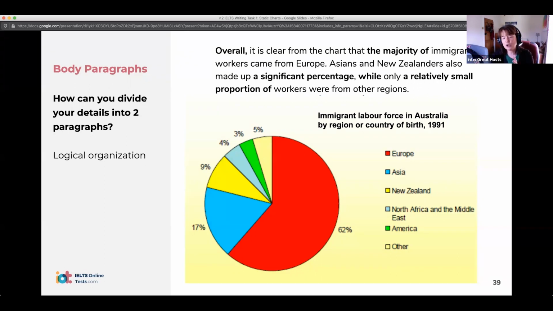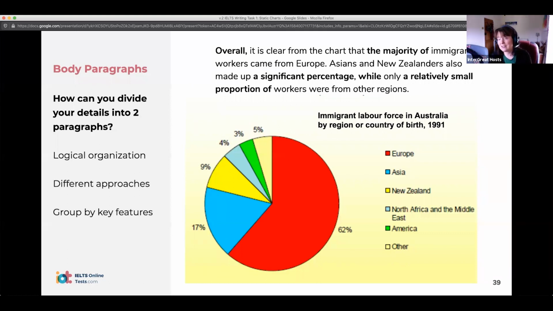Yes, so you could talk about Europe and Asia in 1 paragraph as being the biggest, and then you could talk about the other small ones. So big ones in 1 paragraph, small ones in another paragraph. There are various ways of doing it, but you should be logical. So whatever you decide, you have to stay with that organization, okay?